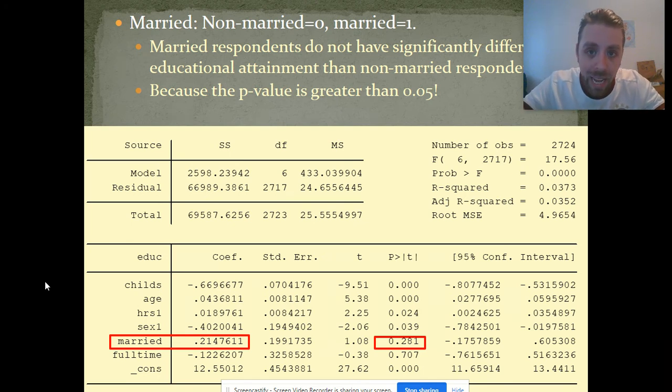So knowing that, and again, this is only assuming it's a significant variable, I would say married respondents, on average, hold 0.214 years greater educational attainment than non-married respondents, net of other effects. I always lead with the group coded as 1 and compare it to the reference group.